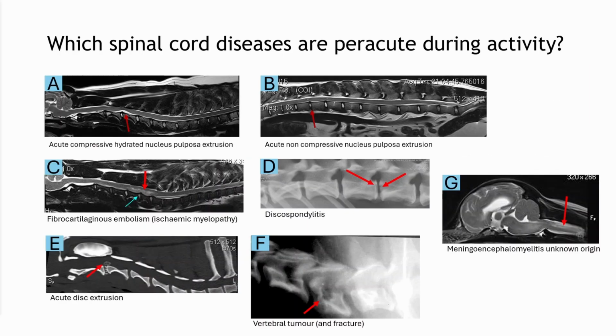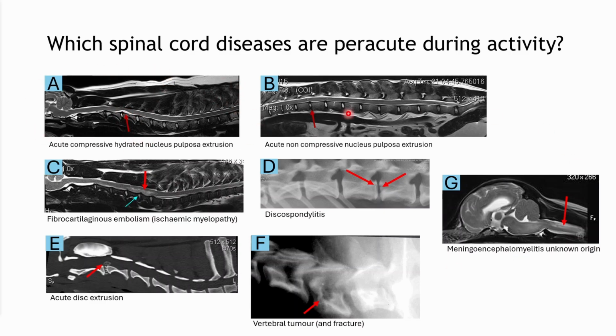So here is our first interactive bit. Which spinal cord diseases are peracute during activity? Our choices are here. A, is it an acute compressive hydrated nucleus pulposus extrusion? Here we see a compression of the spinal cord with normal nucleus pulposus, and you can see a reduction in the disc there.